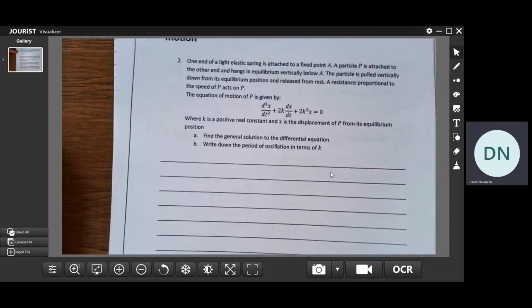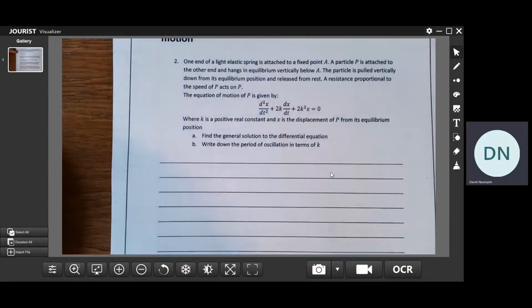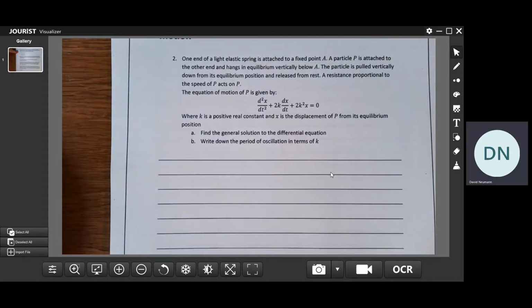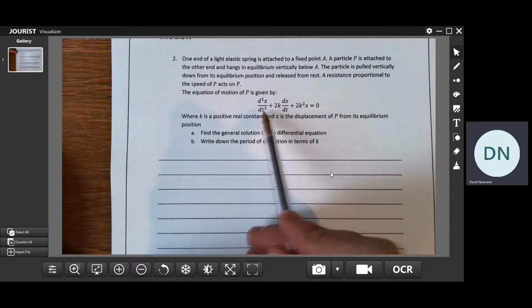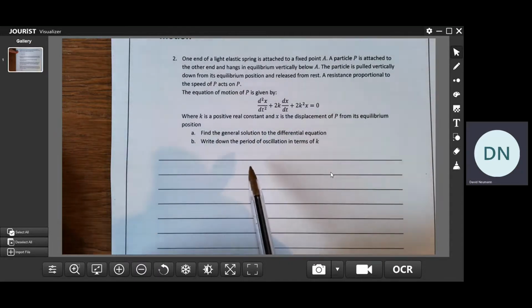So we've got an end of a light elastic spring attached to a fixed point A. We don't really need to draw a diagram here because we are given the equation of motion of the spring.